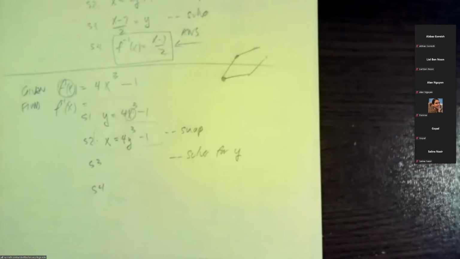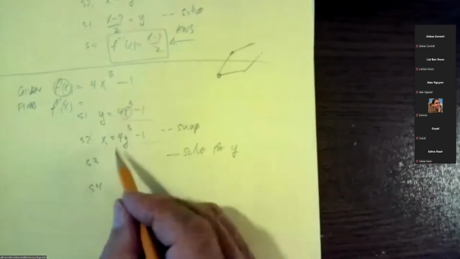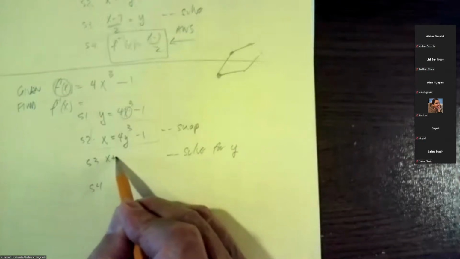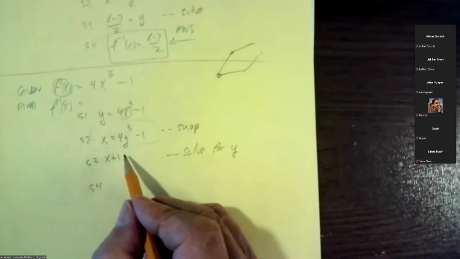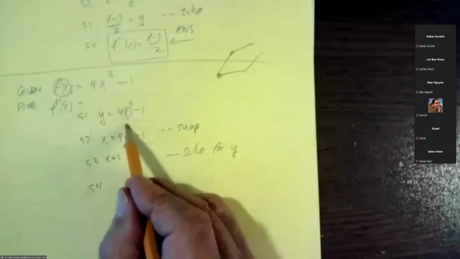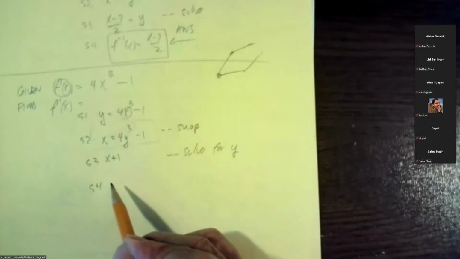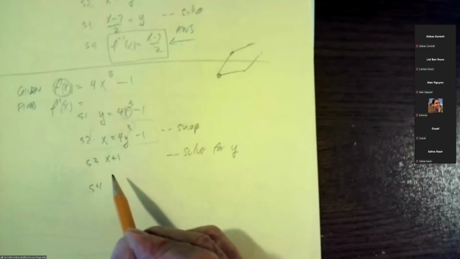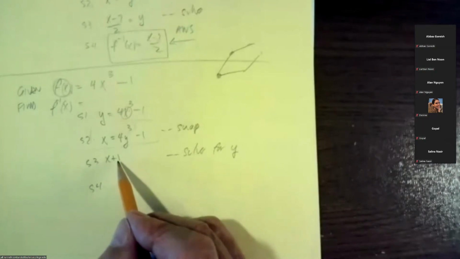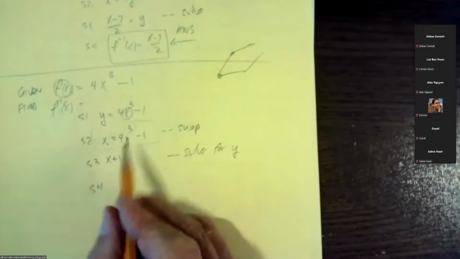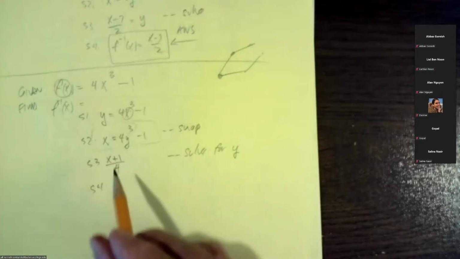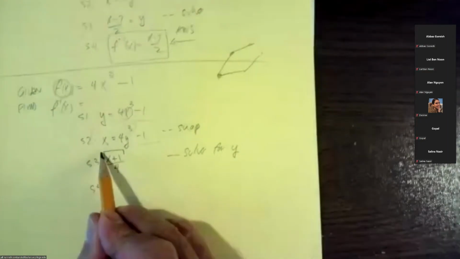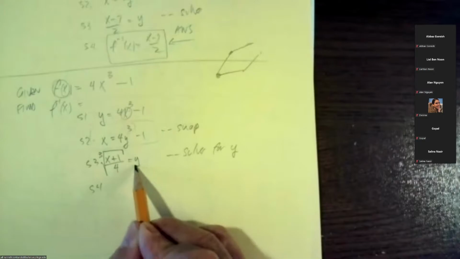I think the first thing you do is add 1 on both sides, x plus 1 equals 4y cubed. And then you divide by 4 on both sides, and then you also have to take the cube root on both sides, equals y.